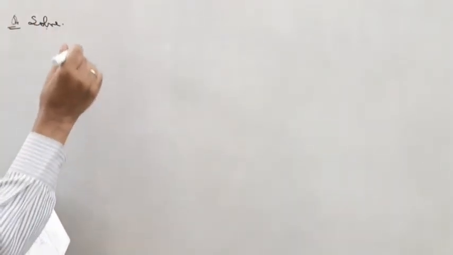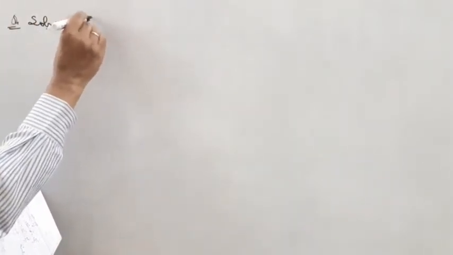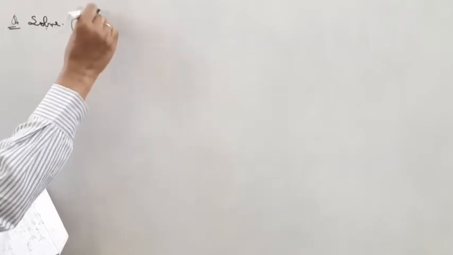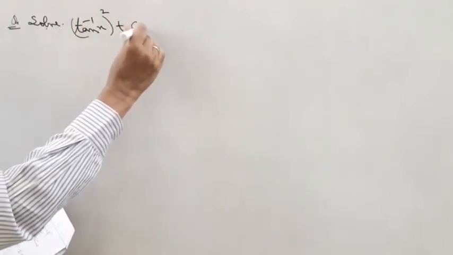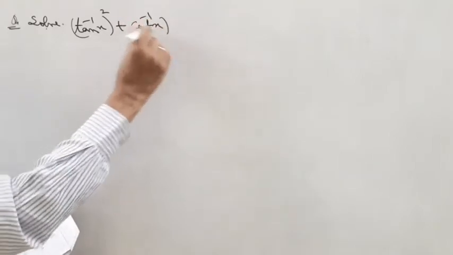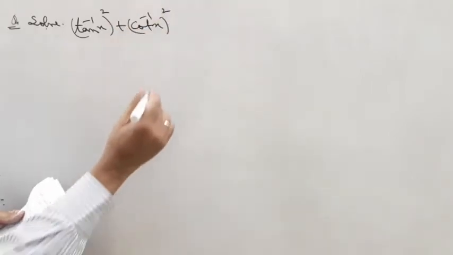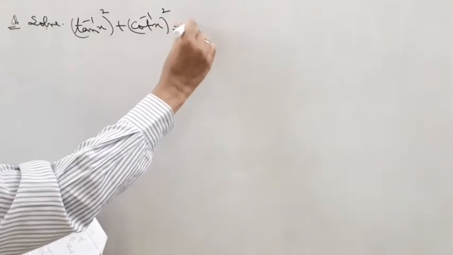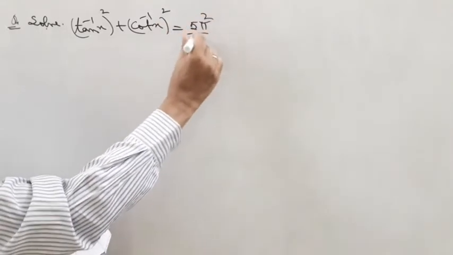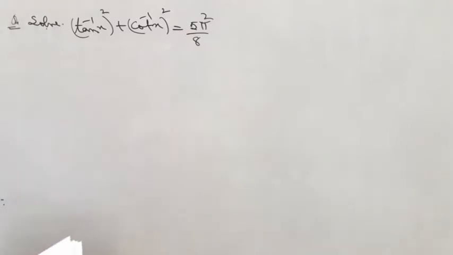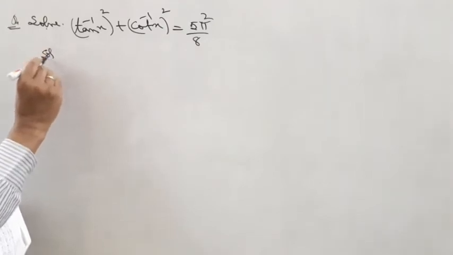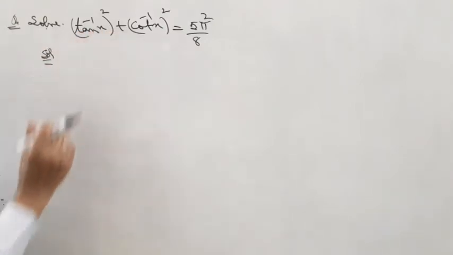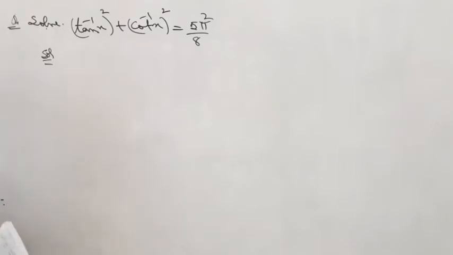Yes, we have tan inverse of x the whole square plus cot inverse of x the whole square is equal to 5 pi square upon 8. See, here in this case you must note down that it is a square plus b square. I take help of a plus b the whole square, that is a square plus b square plus 2ab.